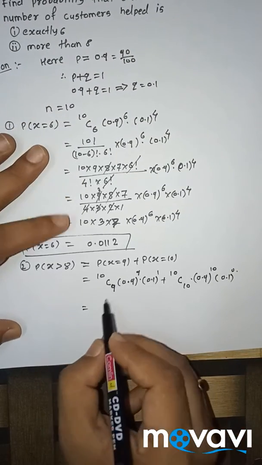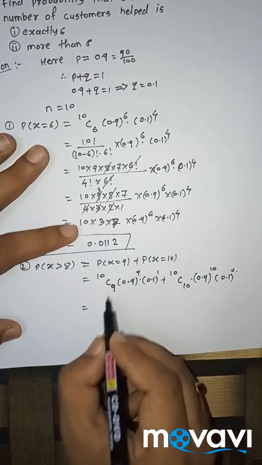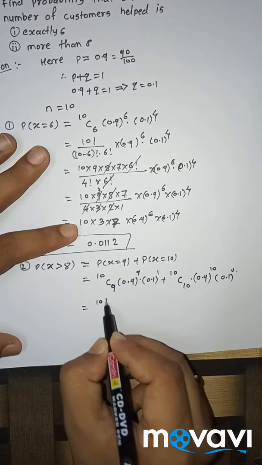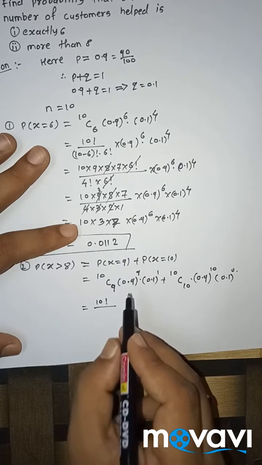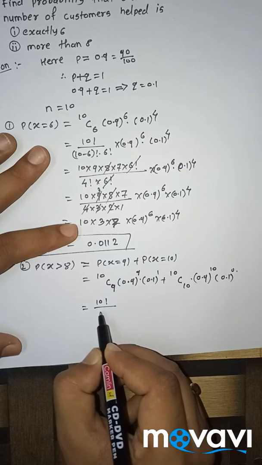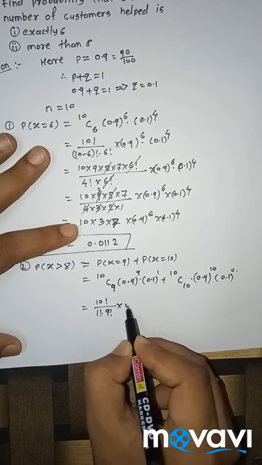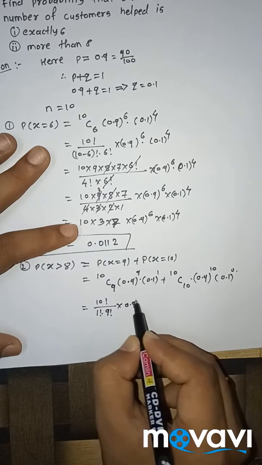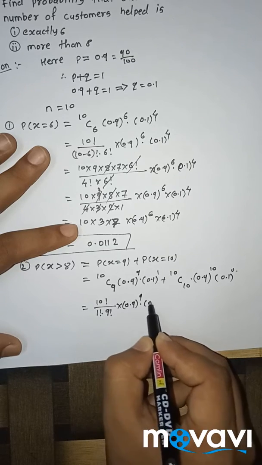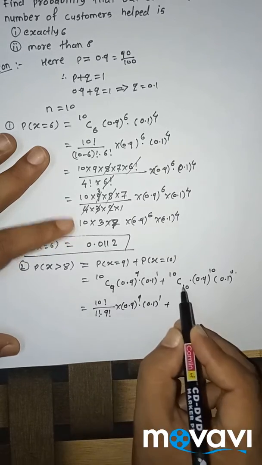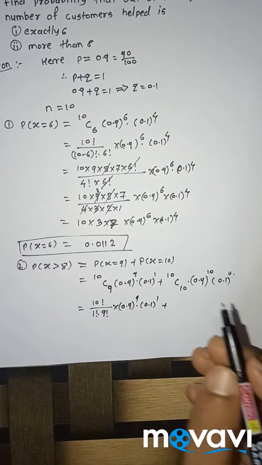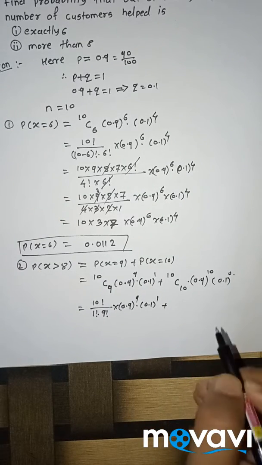This is equal to 10c9, which is 10 factorial upon 10 minus 9 factorial, that is 1 factorial into 9 factorial, into 0.9 raised to 9 into 0.1 raised to 1. 10c10 means 10 factorial upon 10 minus 10 factorial into 10 factorial.